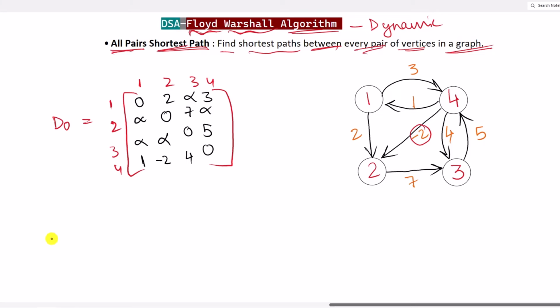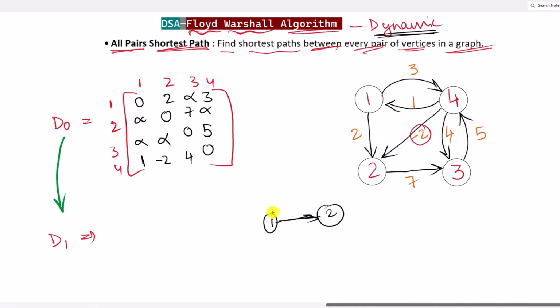Now we're gonna compute the matrix D1 and we're gonna derive this matrix D1 from this matrix D0. Here we're gonna use the dynamic programming approach to find the best route between two vertices. Suppose we have some cost from 1 to 2. Now we do not know if that is the best route or not. So in that case, we're gonna compare this particular route with some alternate routes.